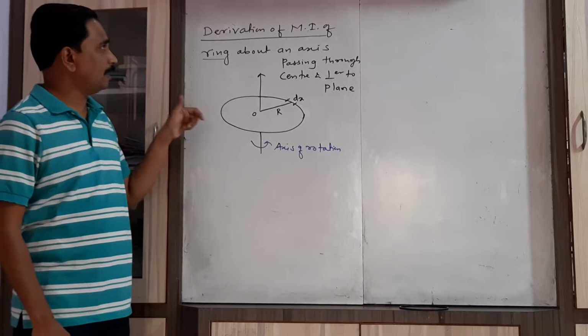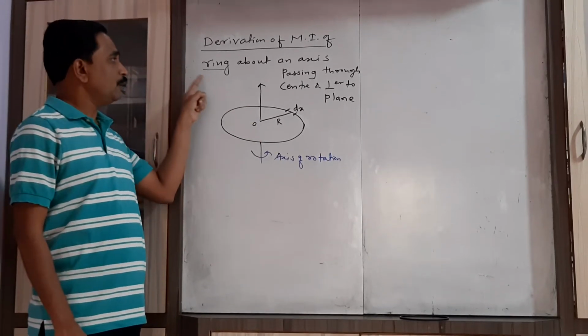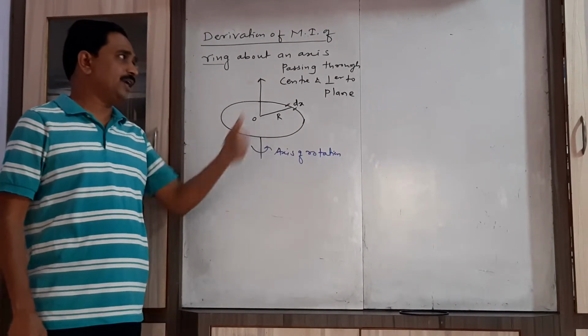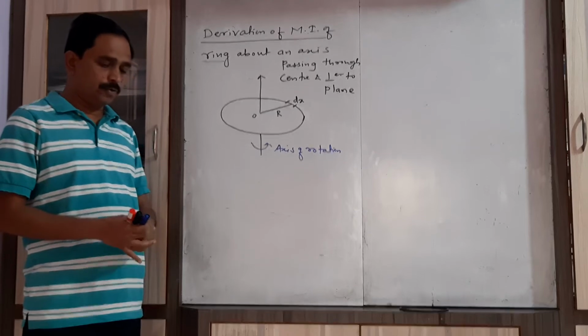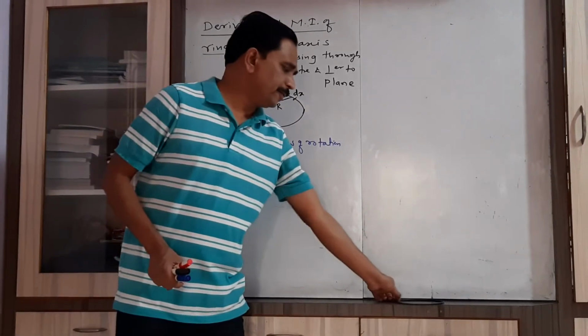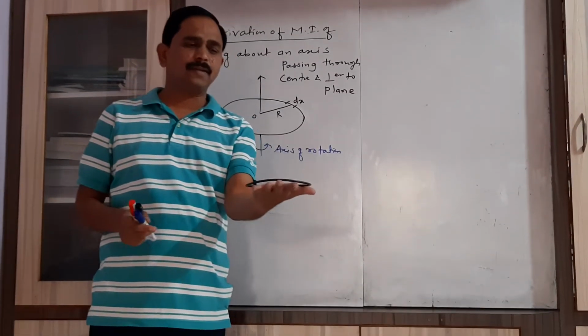Now first of all, let us consider how to find the moment of inertia of a ring about an axis passing through the center and perpendicular to the plane. In order to explain the concept, all of you know the ring. This one is a ring.